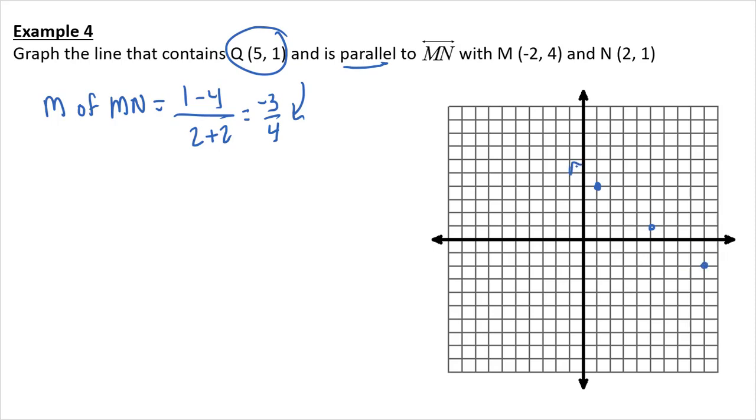You're going to use a straight edge here to connect those points, and I don't have one on here, unfortunately. This negative sign can go at either the top or the bottom. So you can go down 3, right 4, or to get the same slope, I went up 3, my positive piece of the slope, so I now need to go negative 4.